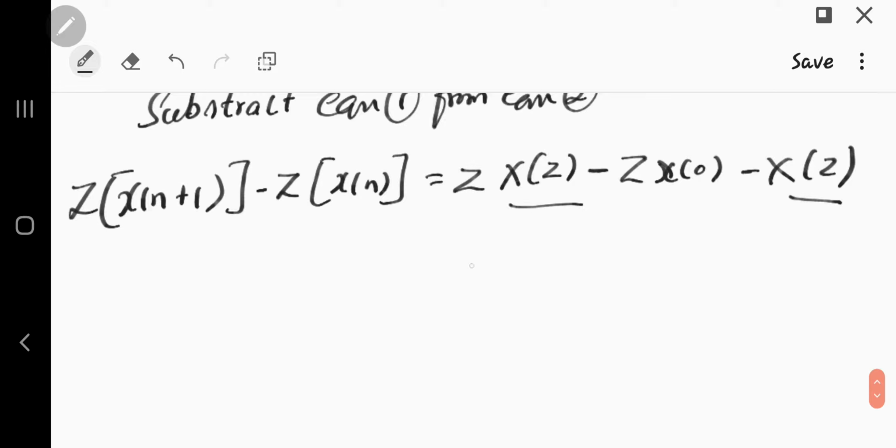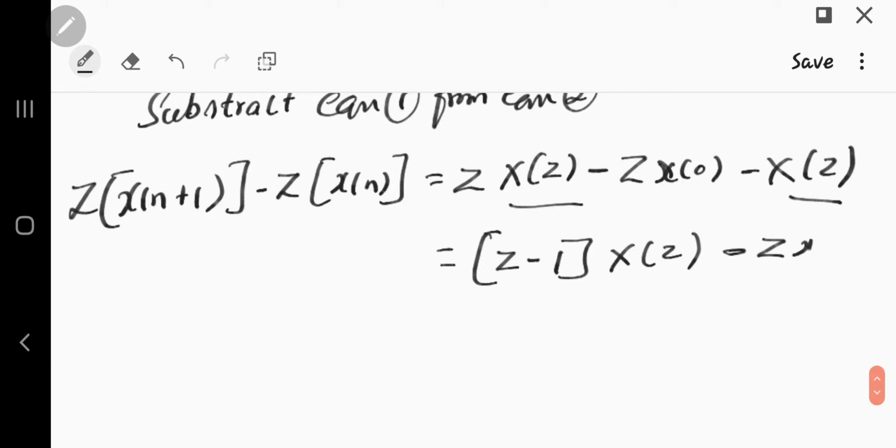Now we have X of z in common, so you can write it as (z minus 1) into X of z minus z x of 0.